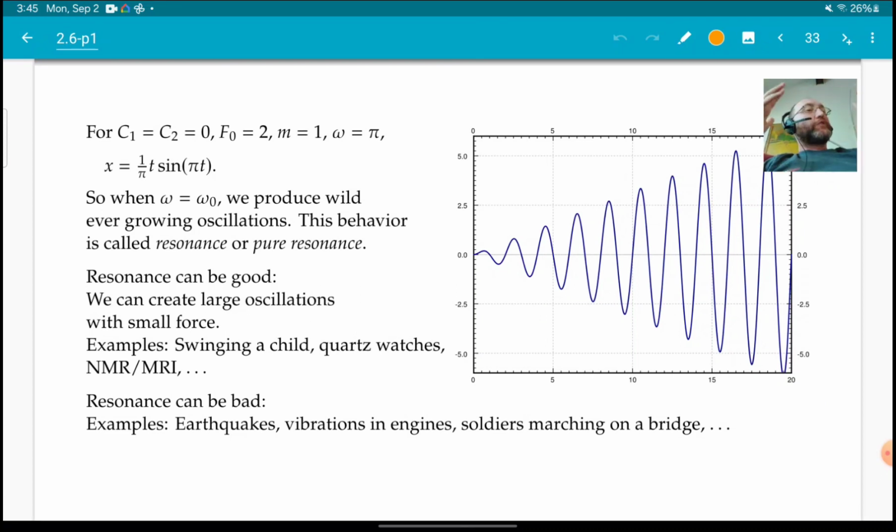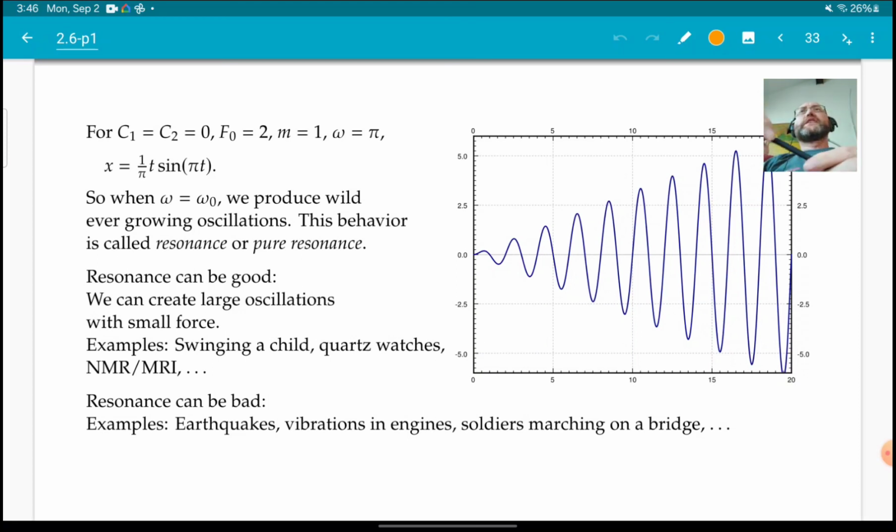All right, so next time we'll look at what happens when there is some friction, because in real life there's always some friction. So you can think of this as an approximation of the setup when the friction is very, very low, right? So we'll see what happens when we start adding friction.